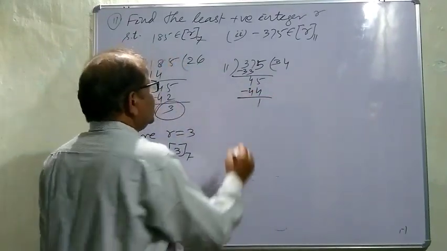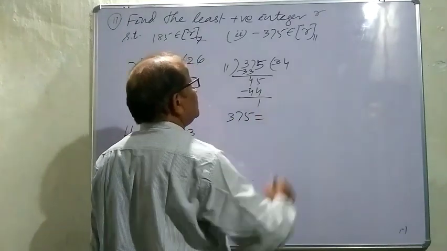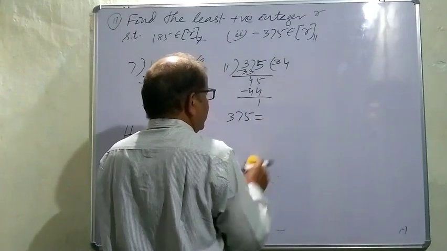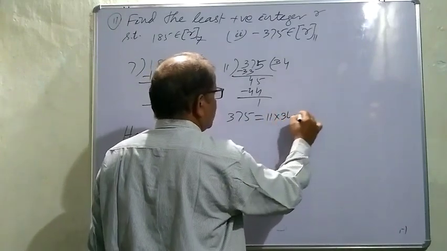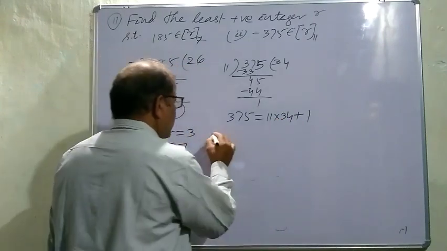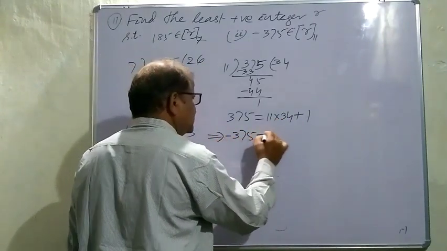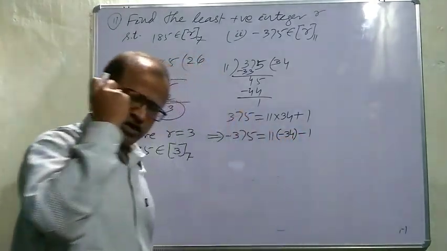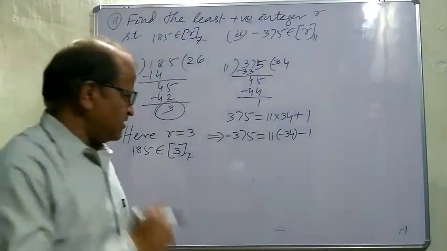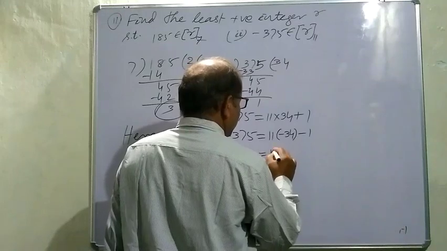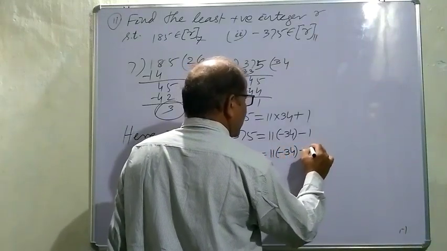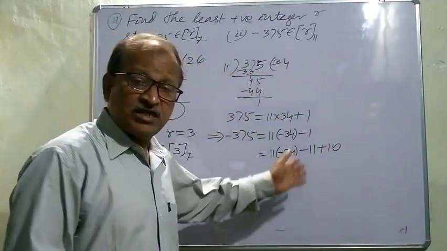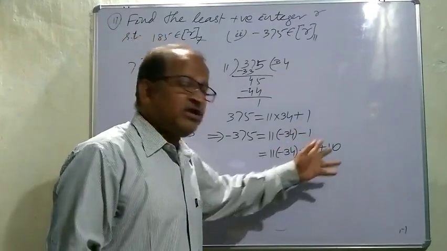So 375 is equal to 11 into 34 plus 1. So minus 375 will be what? 11 into minus 34 minus 1. But the remainder cannot be negative. So what we do? It is 11 into minus 34 minus 11 plus 10. Instead of minus 1, we can write minus 11 plus 10.